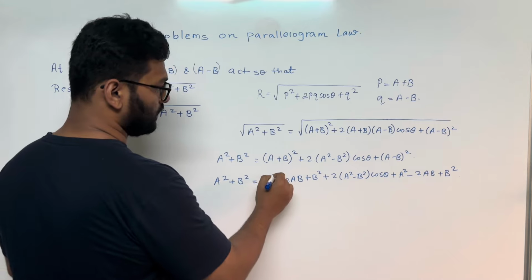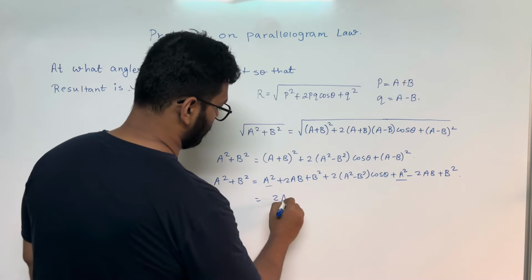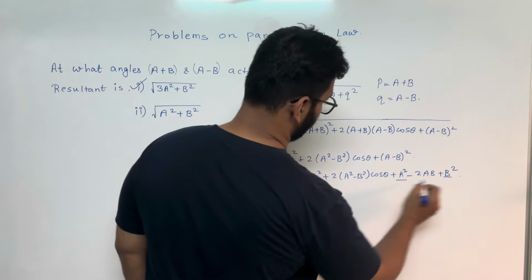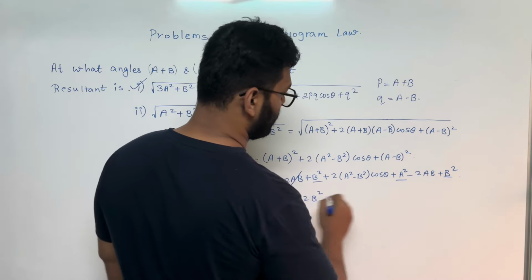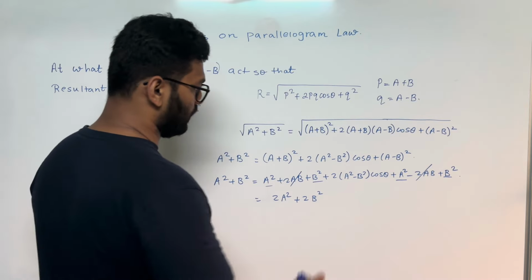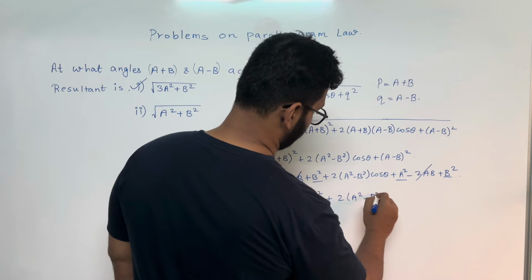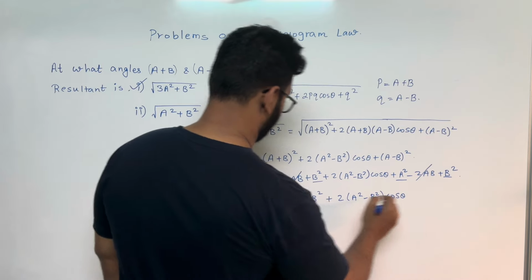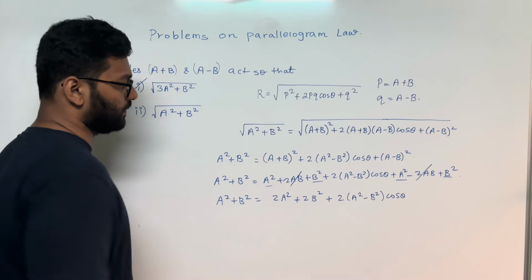So you can see a square plus a square is 2a square, b square plus b square is 2b square, and this 2ab and this minus 2ab will cancel out, and we have 2 times (a square minus b square) cos theta, right? So this is equal to a square plus b square.